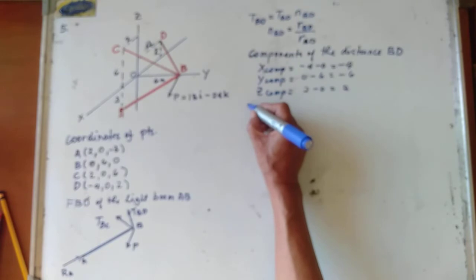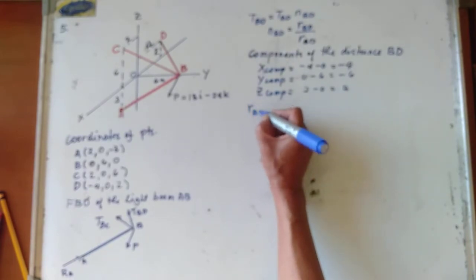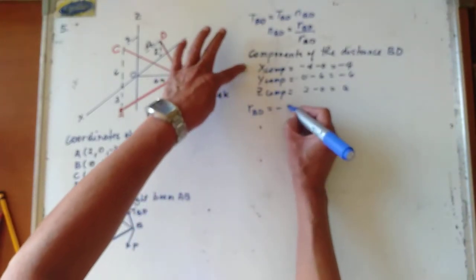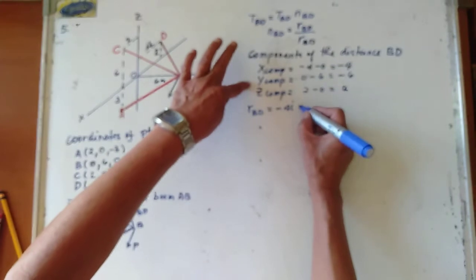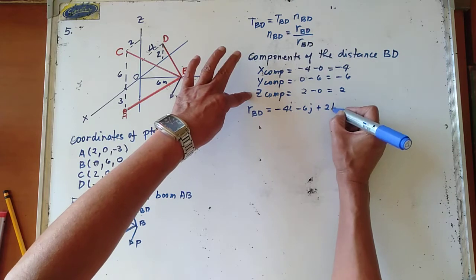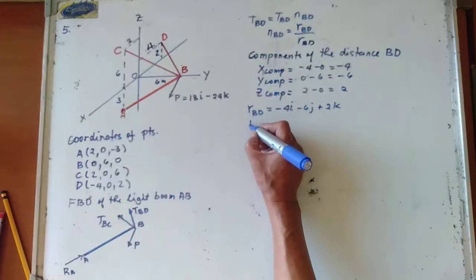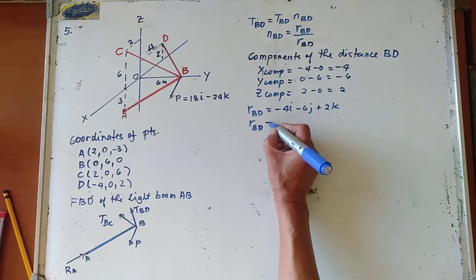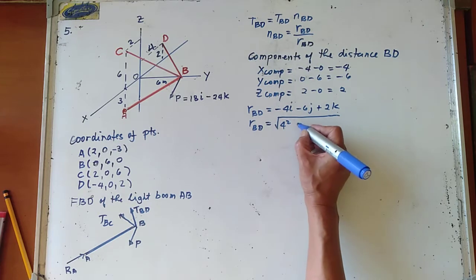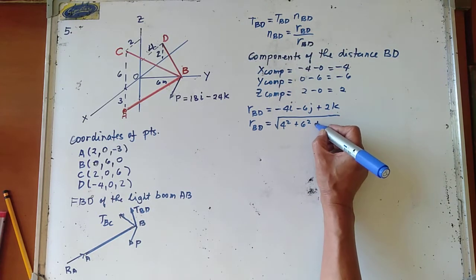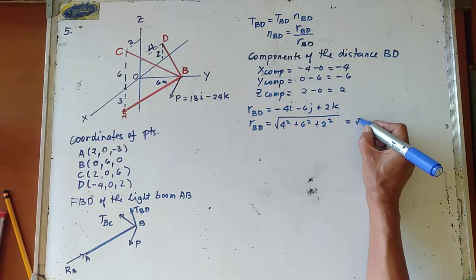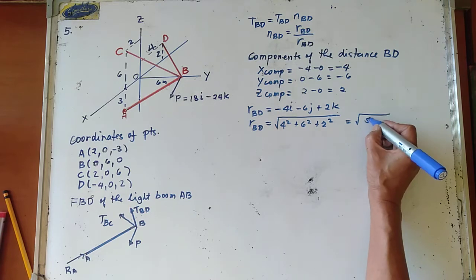Hence, the position vector RBD is equal to xi plus yj plus zk. And its magnitude is equal to the square root of 4 squared plus 6 squared plus 2 squared, or the square root of 56.